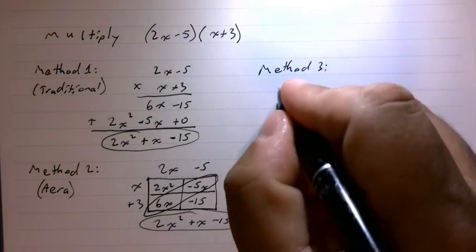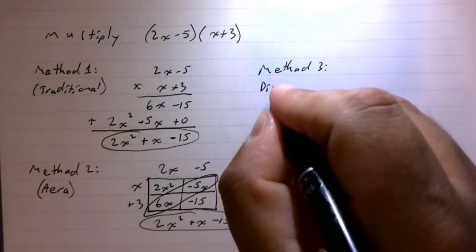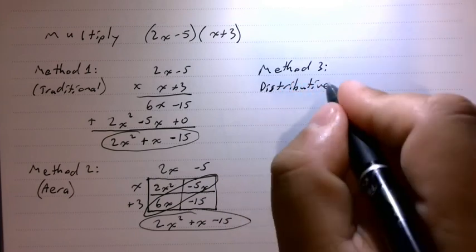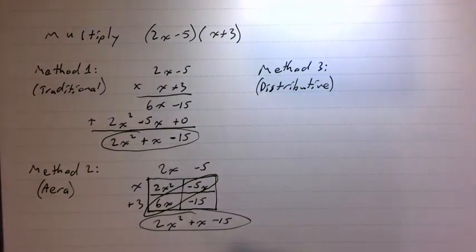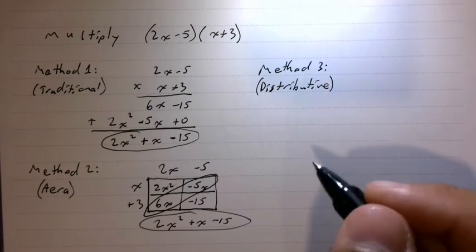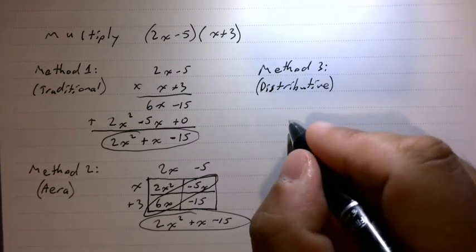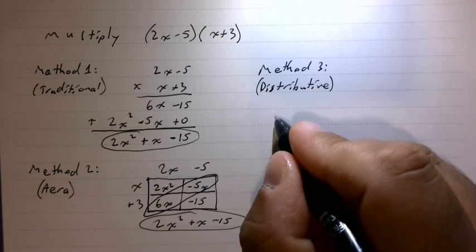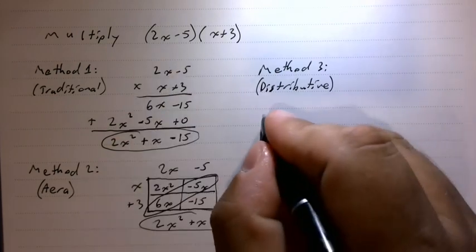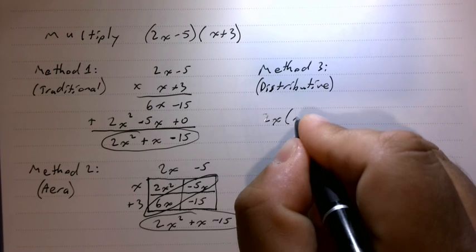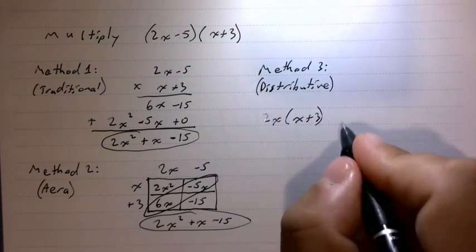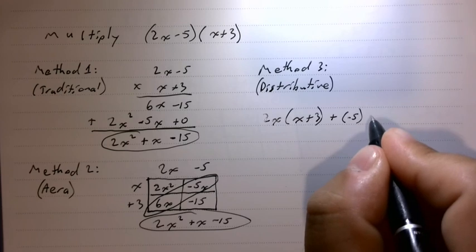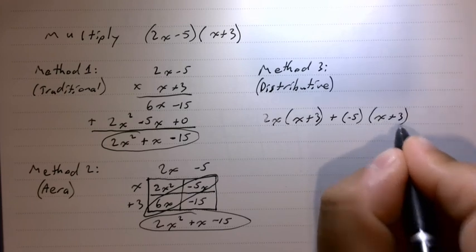Method 3 uses the extended distributive property just as we did when multiplying two-digit numbers, as you saw before. So here, I'm going to separate the first binomial and distribute the 2x to the second, x plus 3, and the negative 5 I'm going to distribute to the x plus 3 as well.